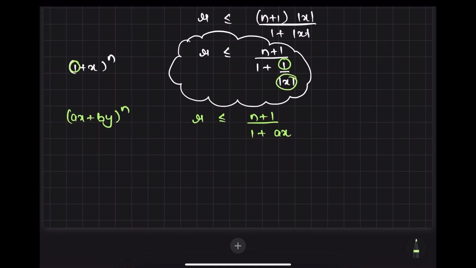Who is second? by. That too in mod. So we got r as this, and this result you have to memorize: r is less than or equal to (n+1)/(1 + |first thing/second thing|).